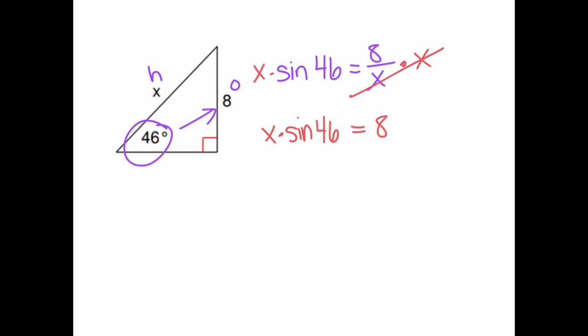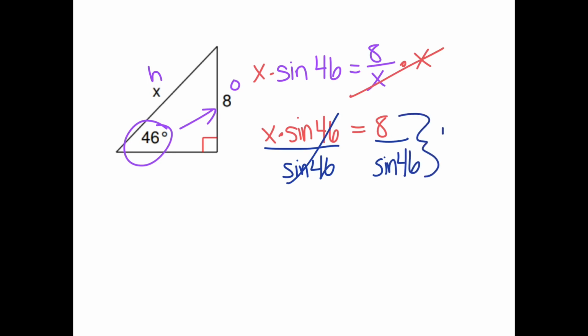Now, again, remembering that sine of 46 is just some number, I just need to divide both sides by that number. So divide both sides by sine of 46. And this is what goes in your calculator. So you need to type into your calculator 8 divided by sine of 46, and that's what will give you the value for x.